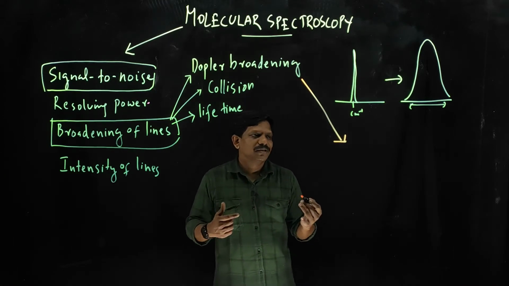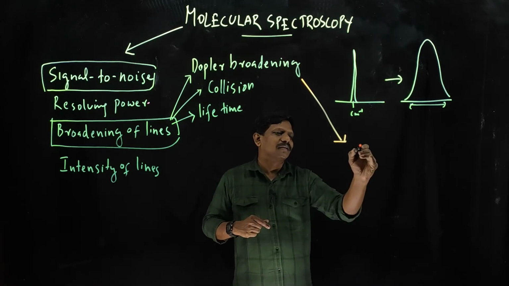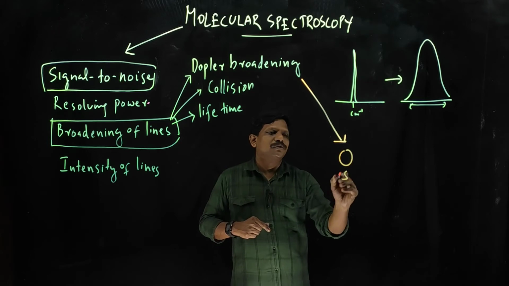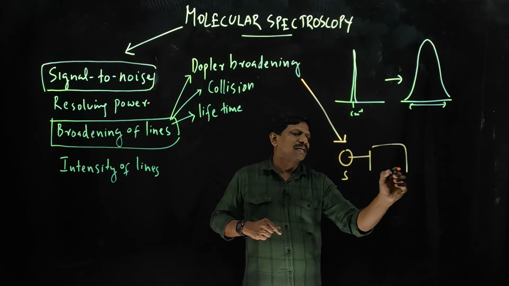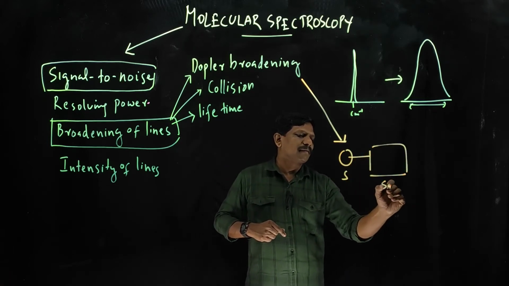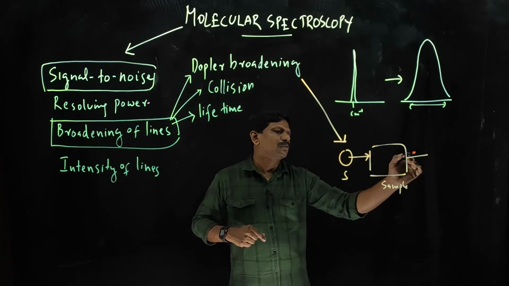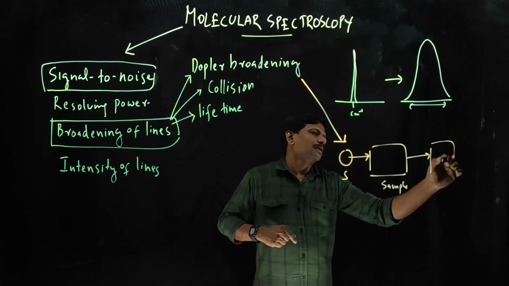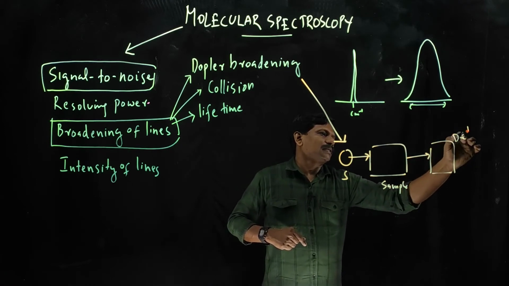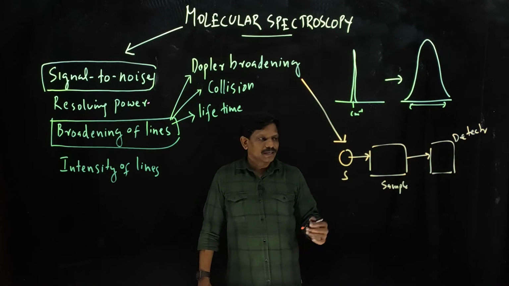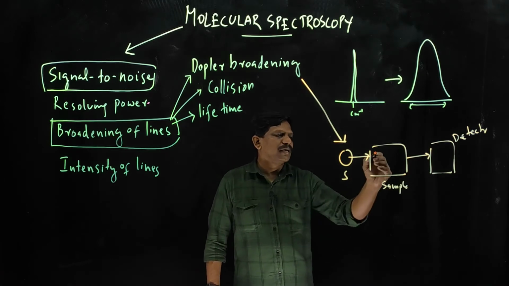So how does the Doppler effect work? I told you that in a spectroscopic system there is a source of light, your sample is here, and finally the light goes through it and goes to the detector. Suppose you are taking gaseous or liquid samples.